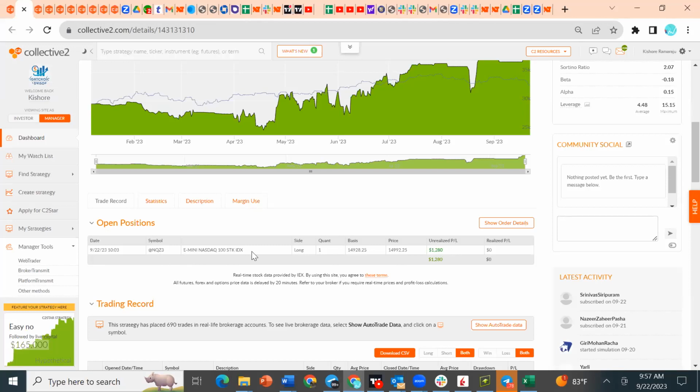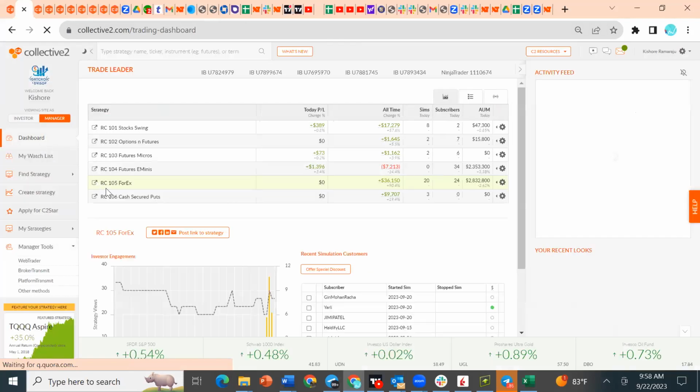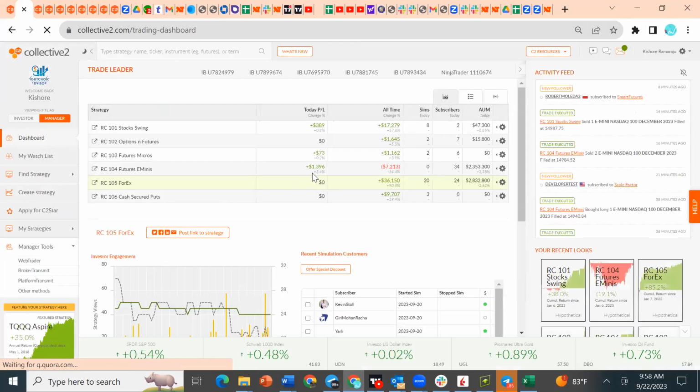This is like mirror trading. This is a collective interface where you put your account number, subscribe to the plan, and then whatever the algo places, those trades will happen in your account. For example, on this we made nearly $1,400, on this $400, like that. On some plans we take only micros, on some plans we take micros and minis.